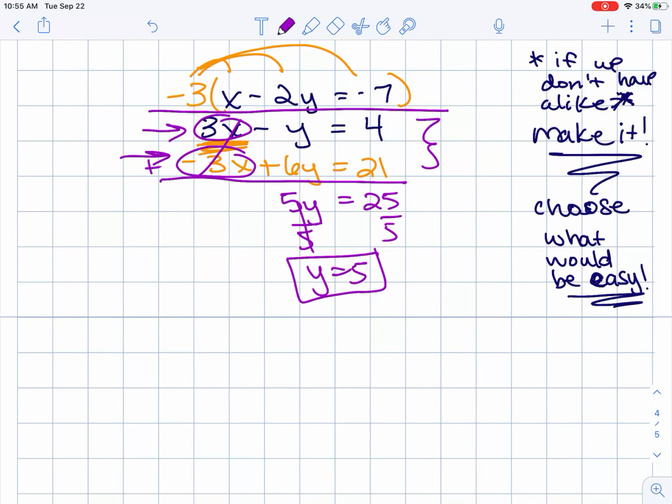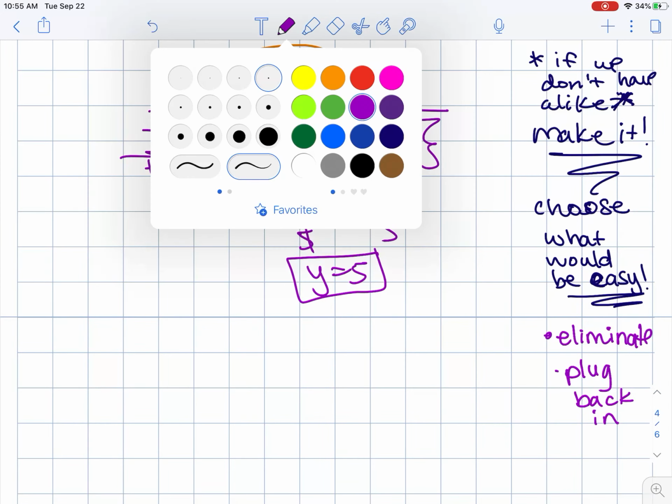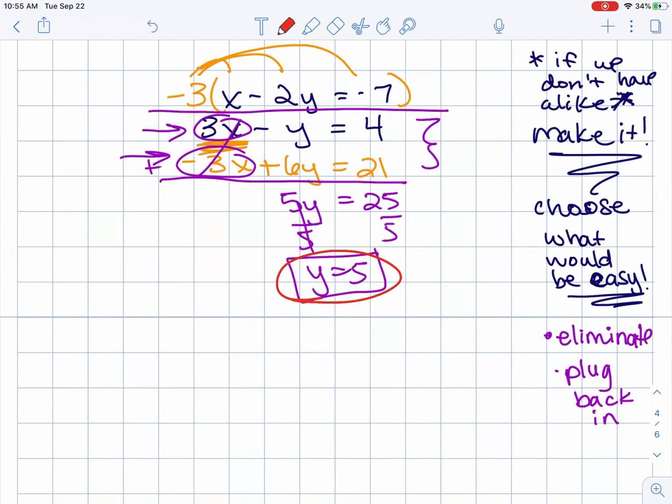Great, but we're not done, right? So once we chose what was easy, then we did what we learned before, which was to eliminate. And then you plug back in, which we do once we found y. So we just eliminated. Now we're going to plug it back in. If y equals 5, we're going to plug it into one of the equations.